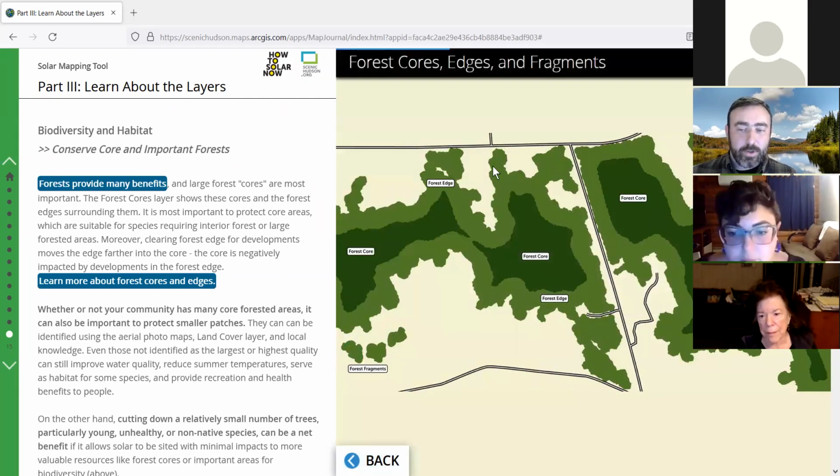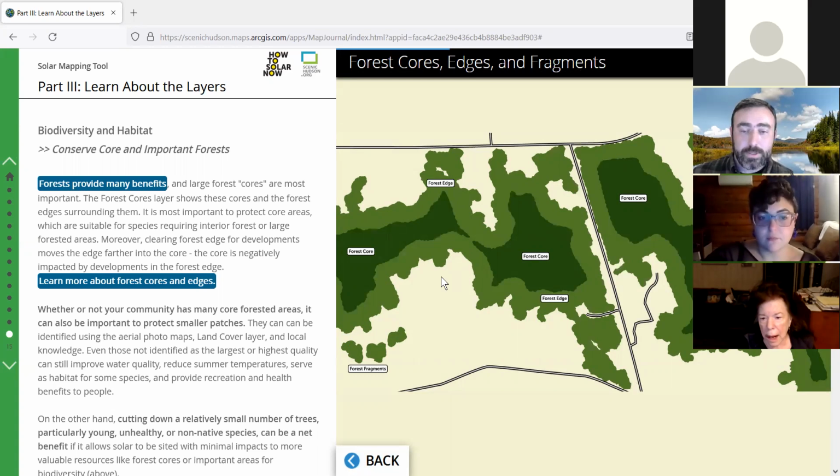So here again, you see sort of a representation of cores and edges. And these edges are really the distance from cleared area. So if you imagine this yellow area here as either a developed area, buildings, parking lots, roads, agricultural fields, any sort of cover or habitat type that's not forest, that can negatively impact forest species.